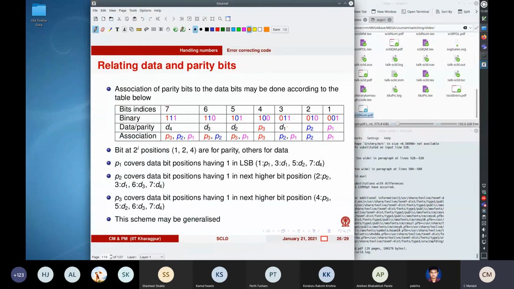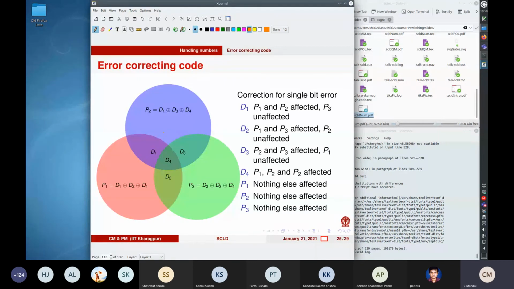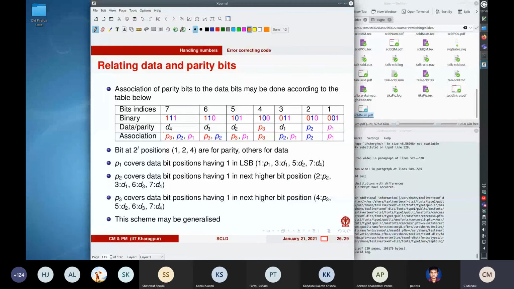So suppose this is how we index the bits, okay, as shown in the table, and the association which are shown in the diagram, and over here also, that same association is presented here in tabular form, okay, the same association. So as you can see, D4 affects all the 3 parity bits, D3 affects only P3 and P2.